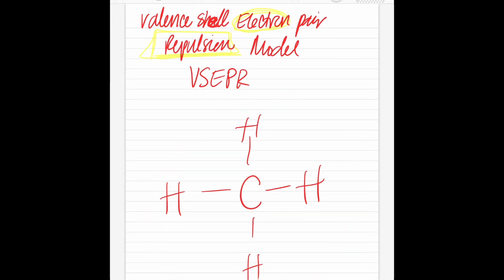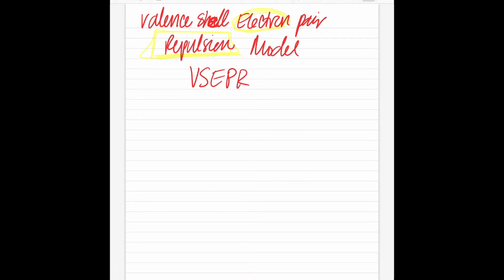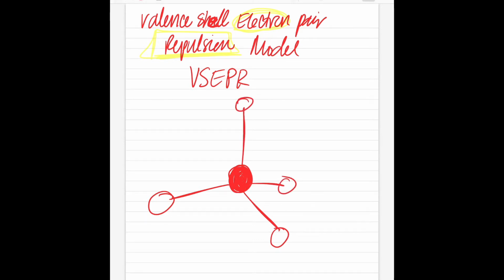Okay, so let me draw what it really looks like. I'm going to use dots. I'm going to make this filled-in dot the carbon. So there's my carbon there. And then the ones that are not filled in will be hydrogen.